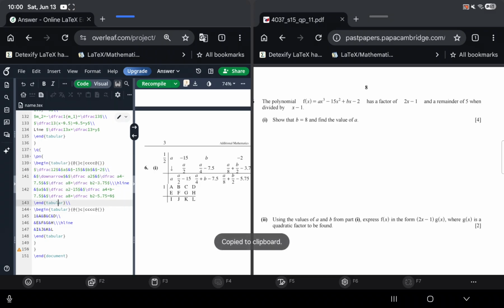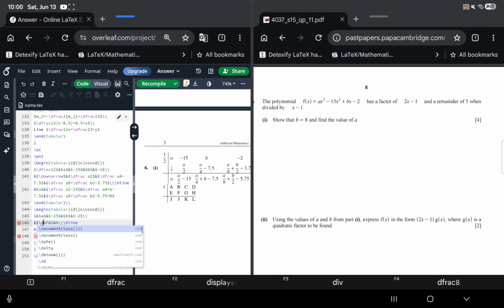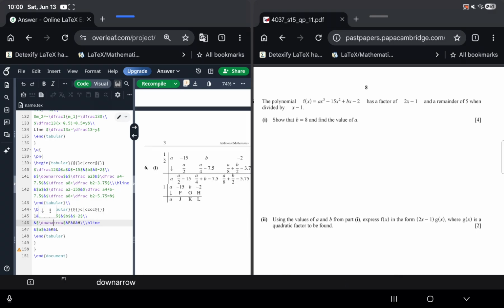The next row will be a down arrow, and A times 1 is A, so F will be A. J is equal to A minus 15.